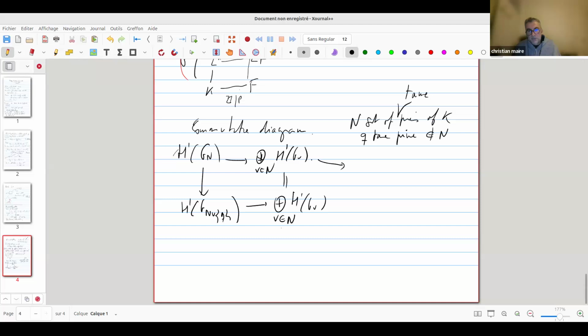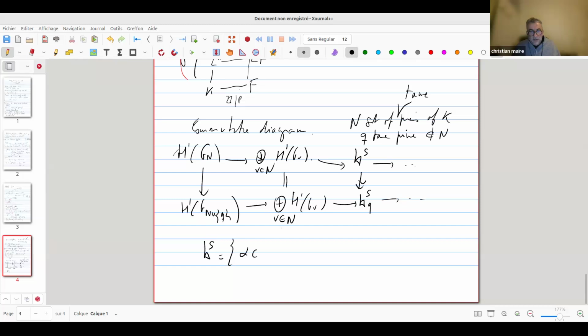And now what is important is the next. The next is what we call the BS here, and here I will call it the BSQ. The next is not so important. So there is a natural map from here to here. And what is the BS? It's a little bit different from the BS I defined before.